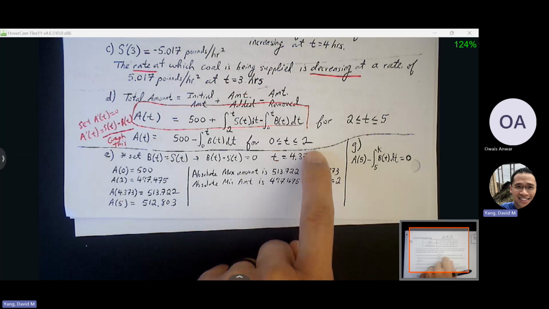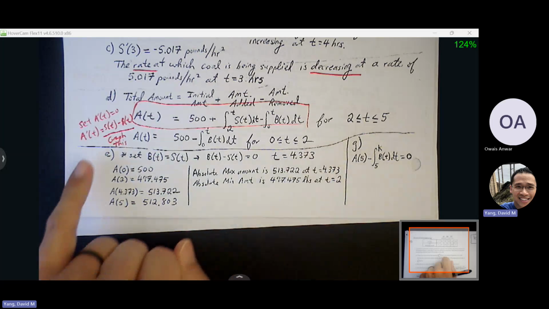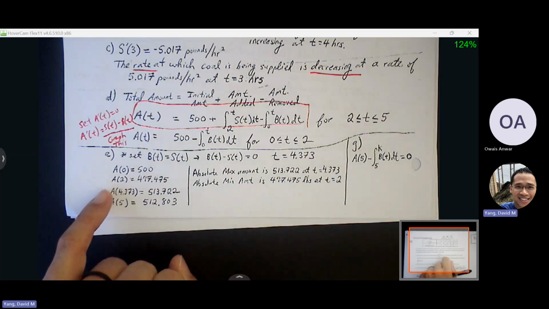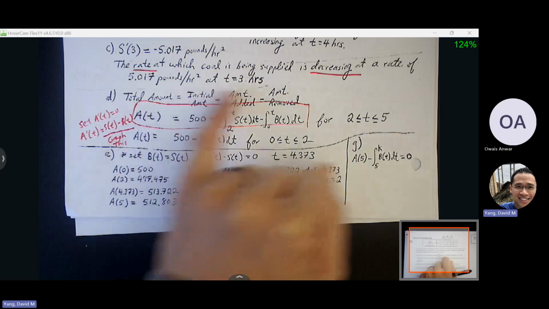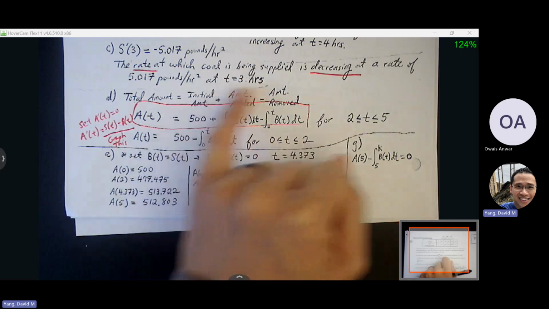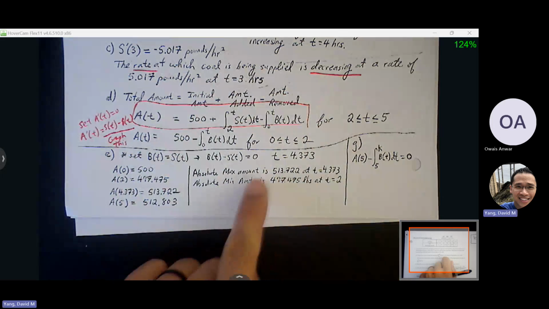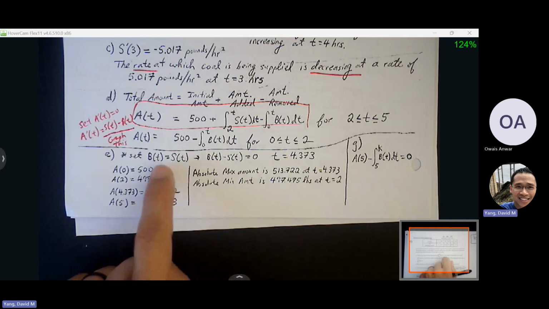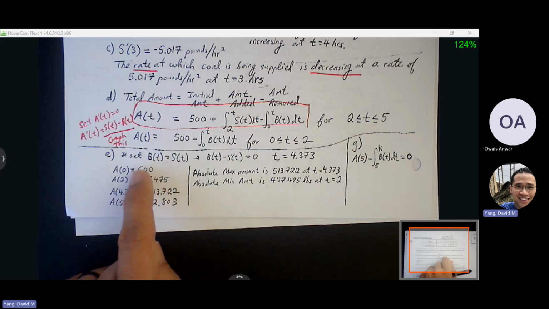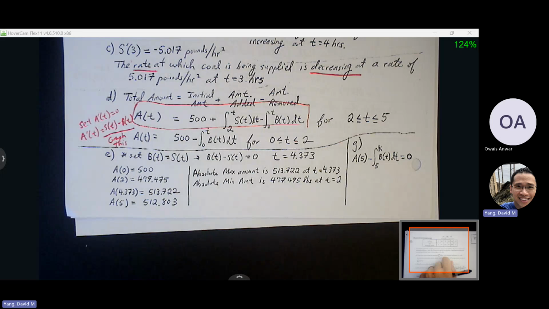So we take 0, 2, 4.3, and 5, dump it all into the A of T formula, and then compare the values. Whichever is the highest is the maximum amount of coal in the furnace, and whatever is the lowest is the minimum amount.